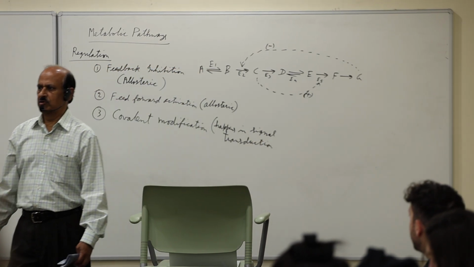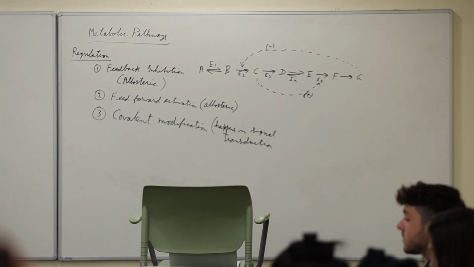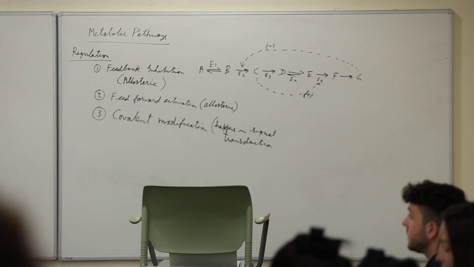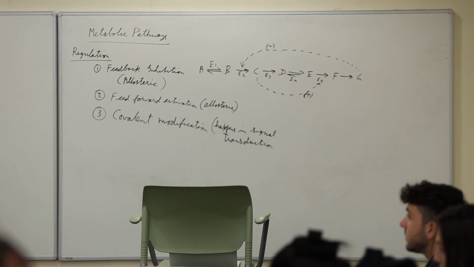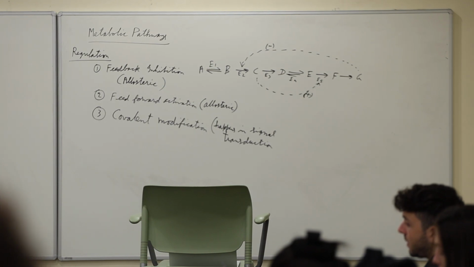For example, when you have a hormone in your blood and it goes to its target cell, the hormone doesn't really enter the cell. It sends a signal to have some end pathway activated or inactivated.